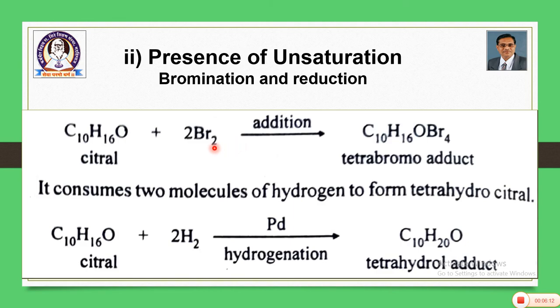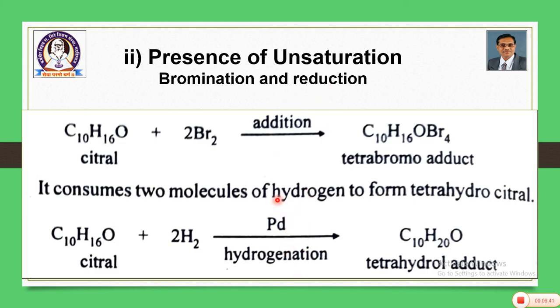In this case, the addition is carried out by using bromine in acetic acid or bromine in CCl4. So, two bromine molecules are added, meaning 4 bromine atoms are added, and we get C10H16OBr4. We get a tetrabromo adduct. Subsequently, this can be converted into some other product. It consumes 2 molecules of hydrogen to form a tetrahydrocitral. So, like bromination, reduction is possible.